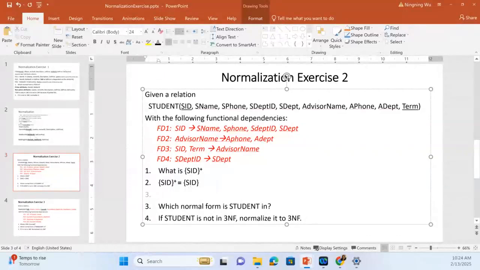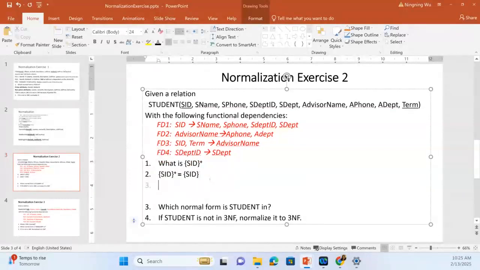Given these 4, the first one, FD1, has SID as determinant. FD3 is not, because FD3 means we need both SID and term in order to derive the advisor's name. So in this case, we can only apply FD1.